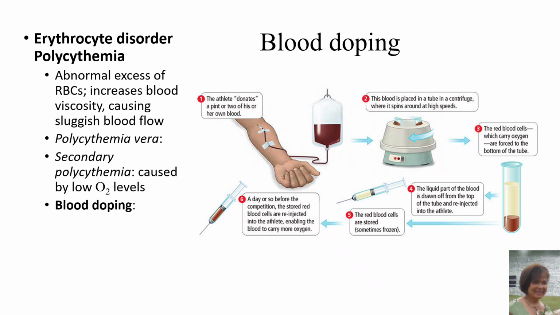The next disorder, besides anemia, is having too much blood, which is called polycythemia.